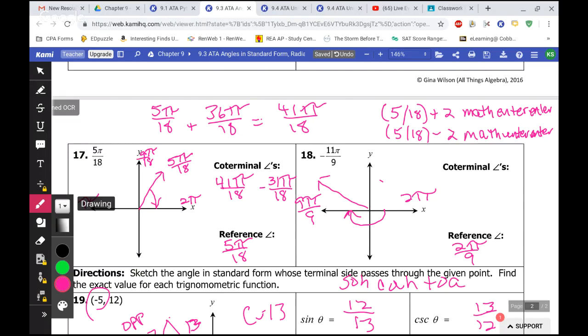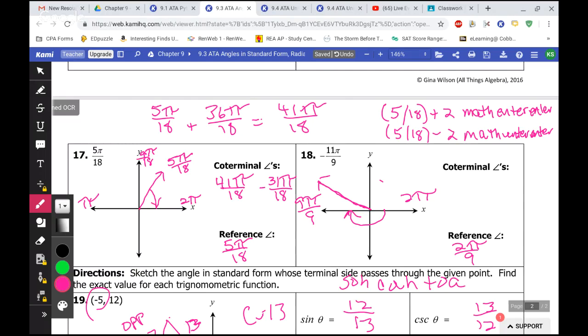Yes. Okay, because technically it's always going to be pi over here. So what would that equivalent be with the denominator of 9? It's going to be 9 pi over 9. So remember that the reference angle is the acute angle, the closest distance that you can get back to the x axis.